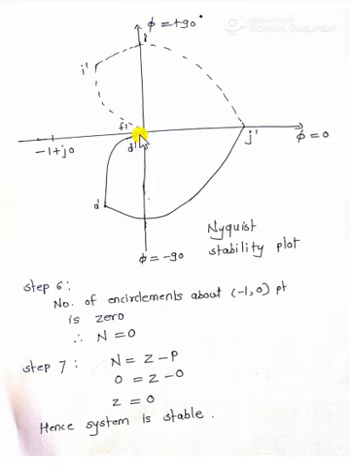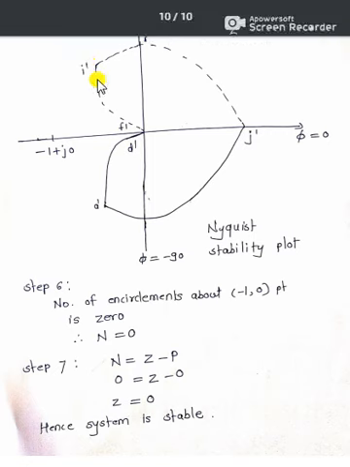How did we find this? When S is replaced by j omega, we made a table of mod and angle, and at that time we got the A dash D dash path as this. Then the F dash I dash path is the same as A dash D dash. It is an exact mirror image of this. Then the D dash E dash F dash path meets at the origin, so we skip this.